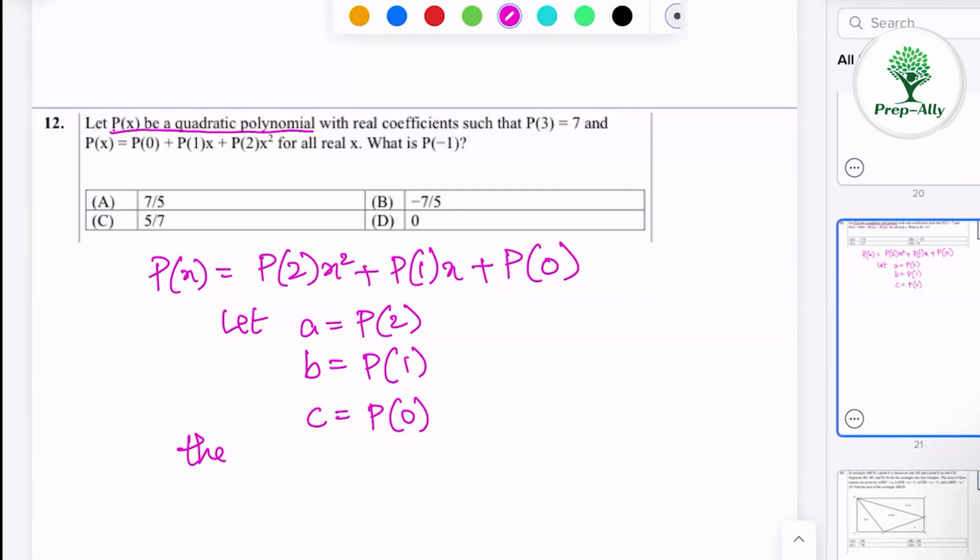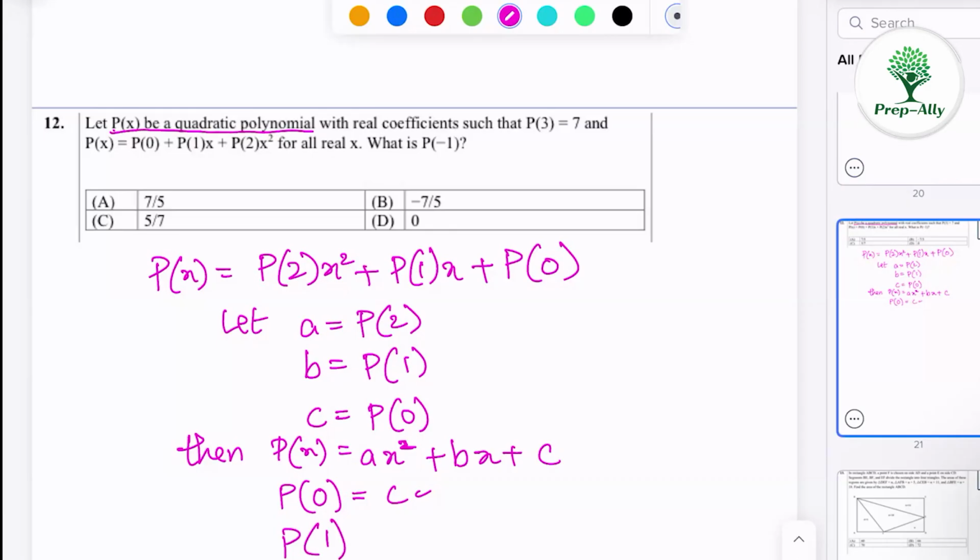Then p of x can be rewritten as ax squared plus bx plus c, right? And p of 0, if we put 0 in this equation, we get p of 0 as c, which we already know.